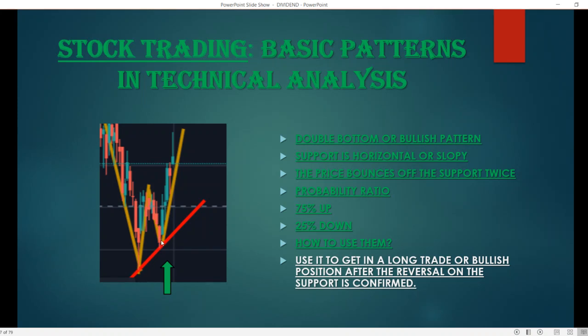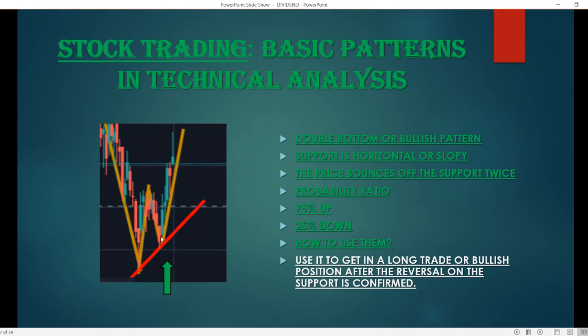The double bottom occurs when the stock hits the support twice. The first time it went up, but it wasn't sure. It came back again. So this green arrow is my signal entry right here. Once this stock reverses going up, I want to see a confirmation in the reverse.